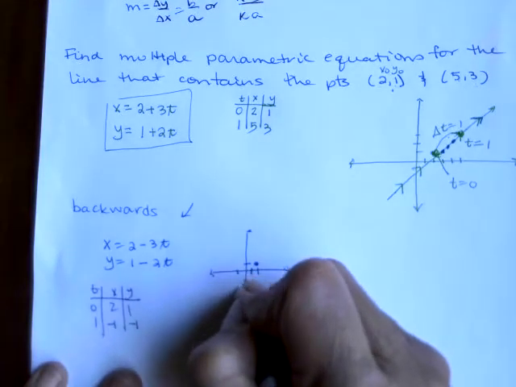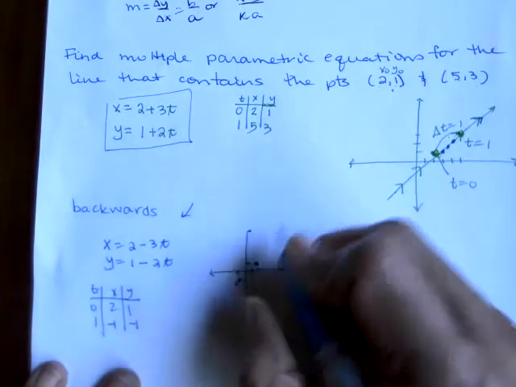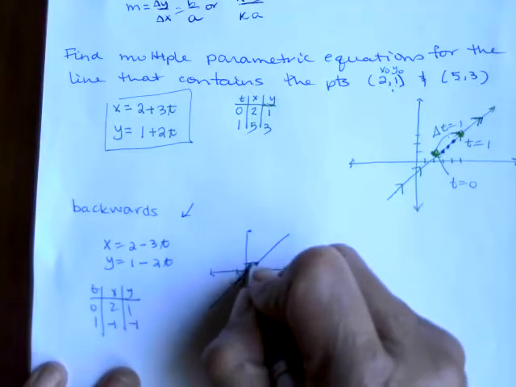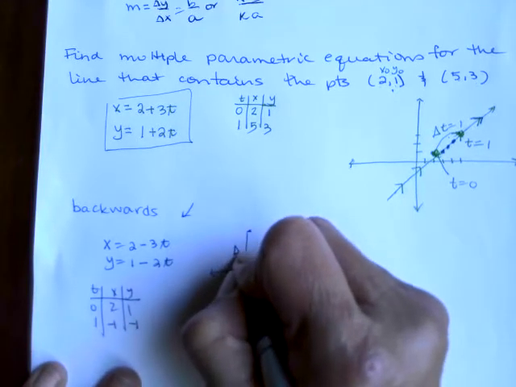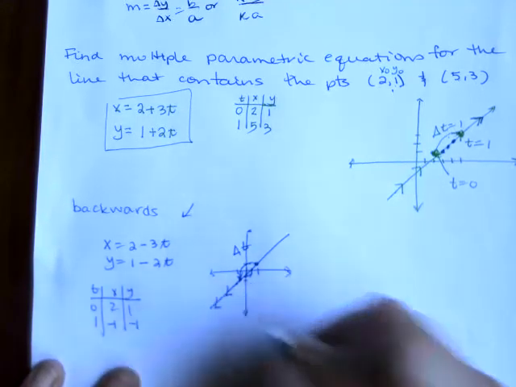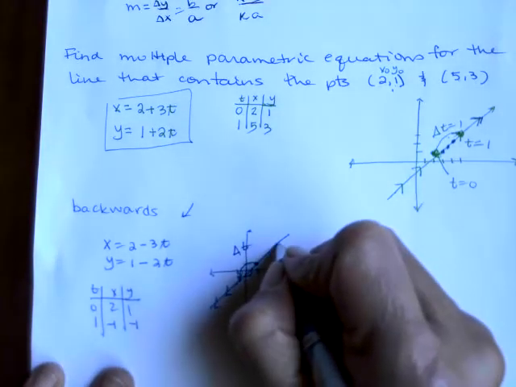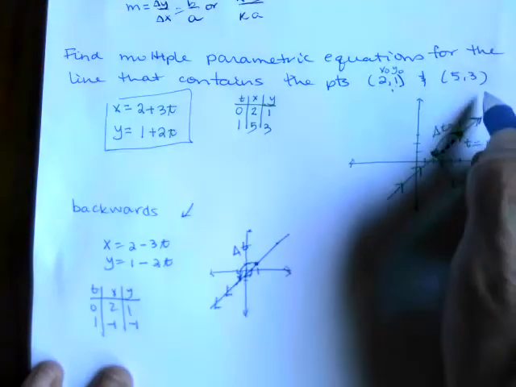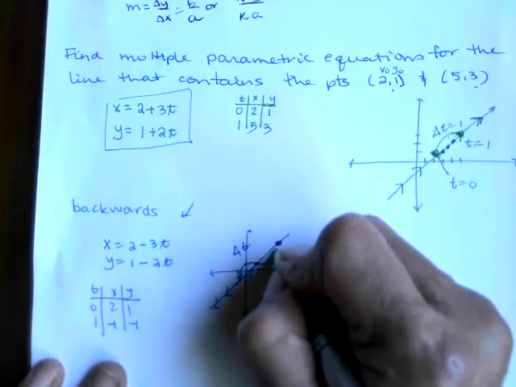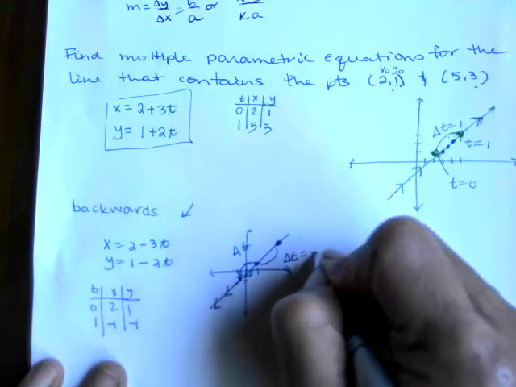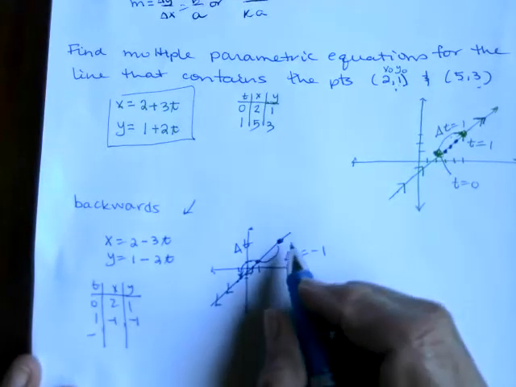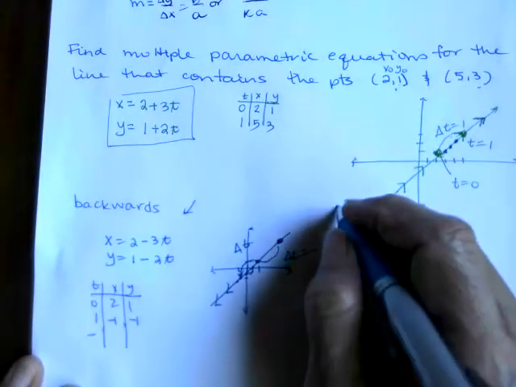So that gets me down here. So I have the same line, but this time my delta t heads this way. So in order to get back to that other point, that 5, 3 that I know is on the line, and it's up here somewhere, that would be a delta t of -1. I could get there by using a t equals -1, to get me that other point that I know is there.